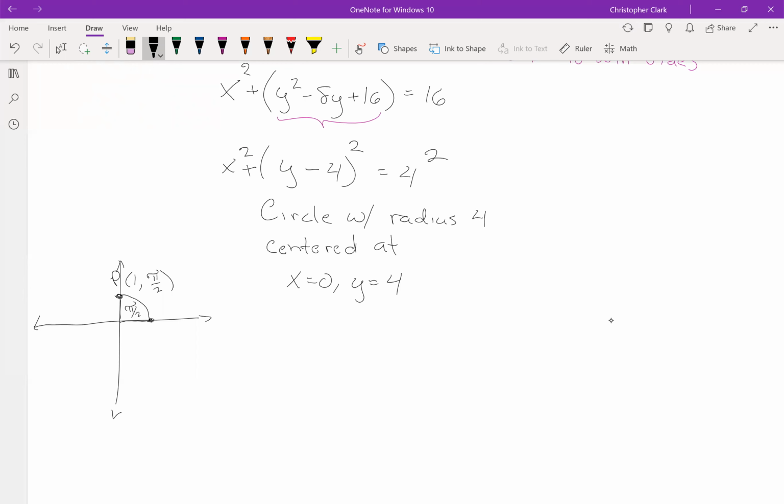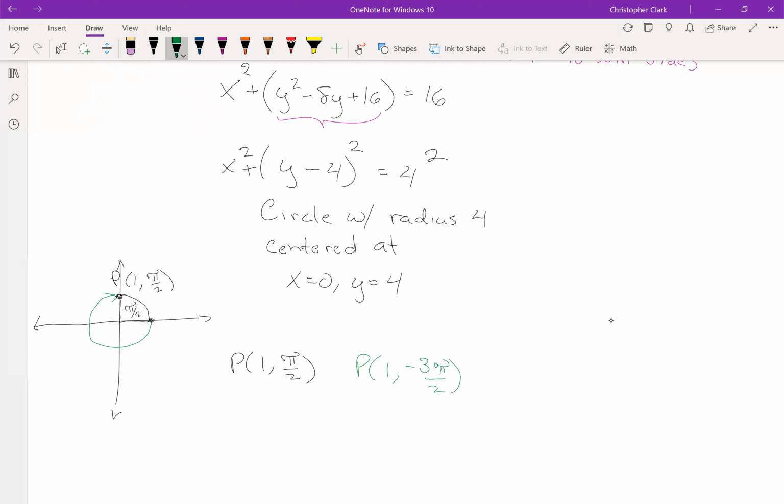Well, I have (1, pi over 2). I could also go over 1 and then sweep over, I'm going to do this in a different color, -3 pi over 2, right? So I could write it as P(1, -3 pi over 2).